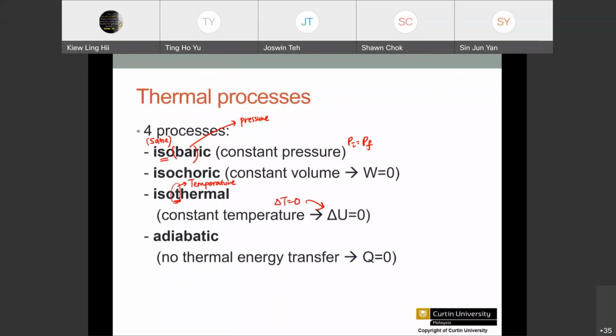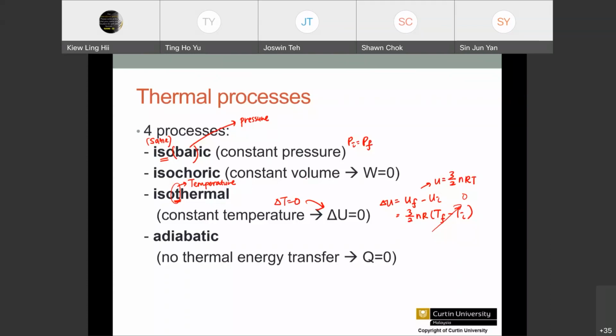Remember, when we say change in internal energy equals U final minus U initial, expand the equation of U, 3 over 2 nRT, right? So it will be 3 over 2 nR times T final minus T initial. If there is no change in T, then no change in U as well. So isothermal, remember the T is the same temperature.